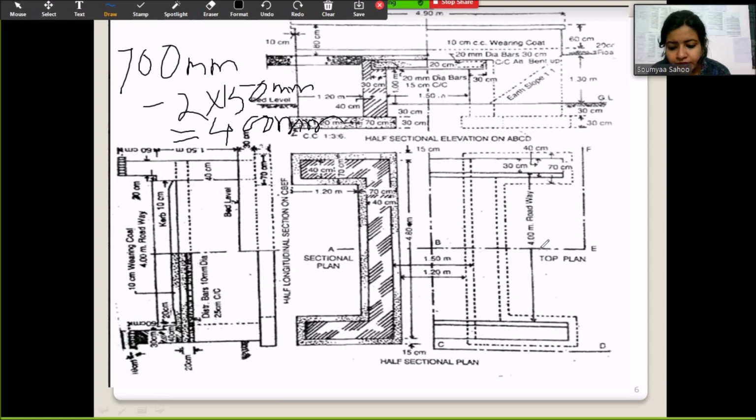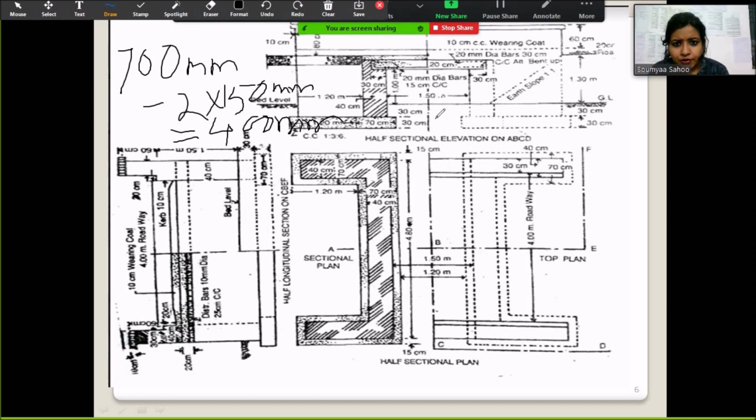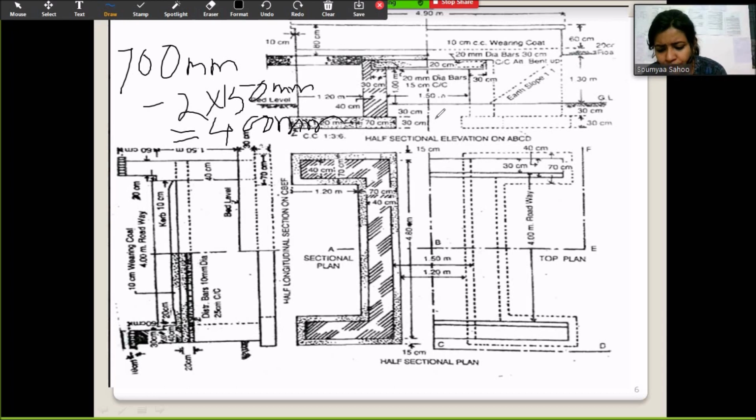So now let's look at the sectional elevation. Here we are having the sectional elevation, and you can see the width of foundation for abutment is 70 centimeter or 700 mm, and over the cement concrete bed we are having the abutment.